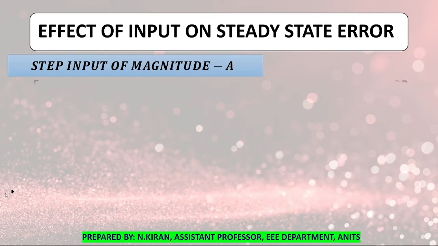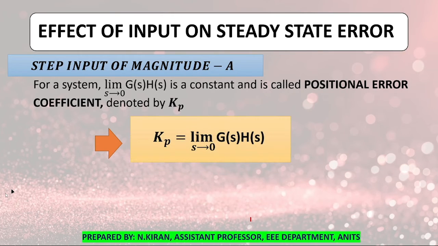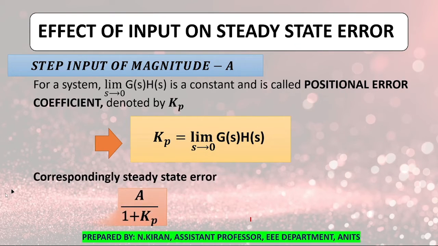This is a constant, and we call this constant the positional error coefficient. We denote this as Kp, and that will eventually give me the expression for steady state error as ESS is A by 1 plus Kp. So for a step input of magnitude A, the steady state error is A by 1 plus Kp.